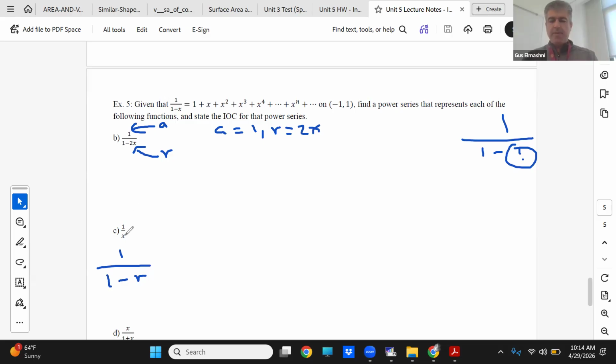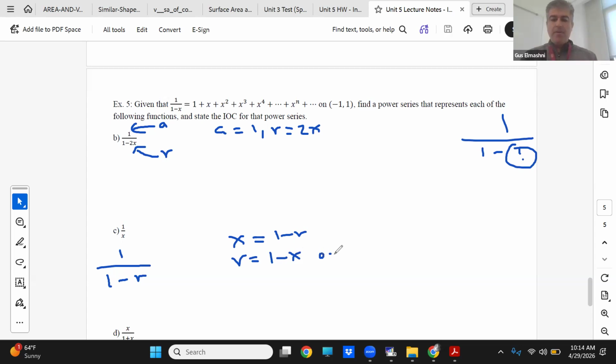But if you think about C, right? The denominator is x, but you really want it to take the form of 1 minus R. What would R have to be to make that true? If you move things around, what do you get? Yeah, you get 1 minus x, correct.